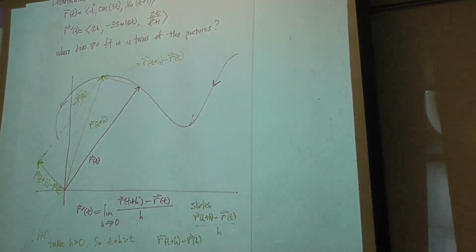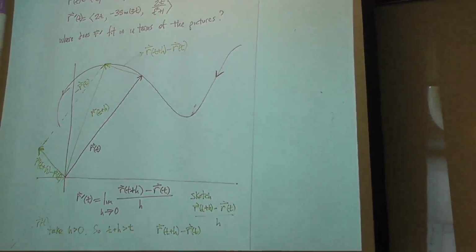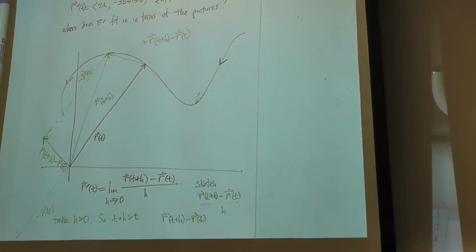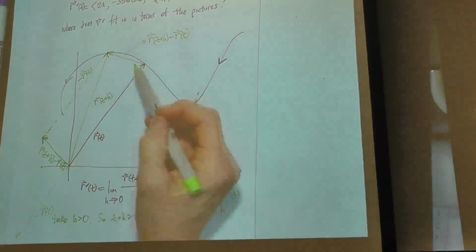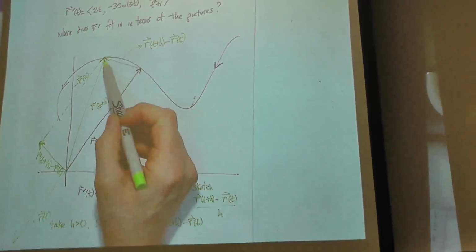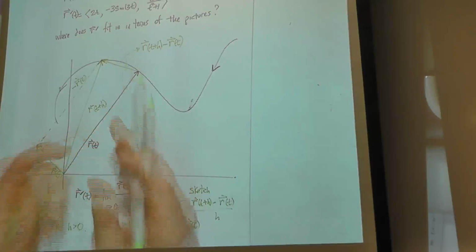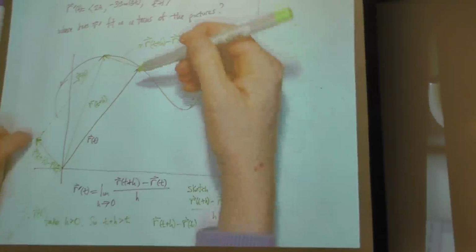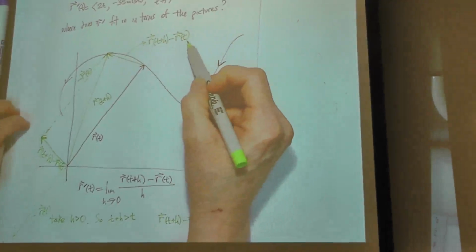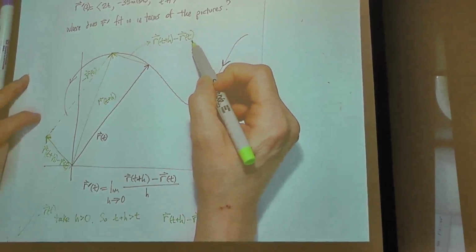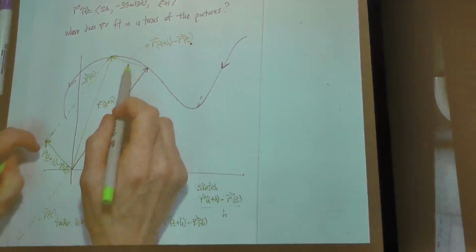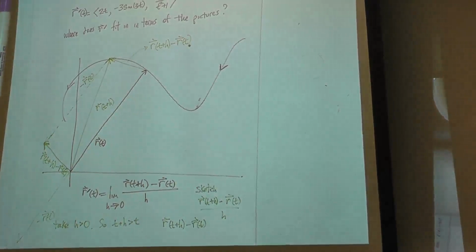If we were dealing with h being negative, dividing by h would change the direction. Now, whether it expands this vector or contracts it, makes it smaller or bigger, I don't know. That depends on the magnitude of this vector and how big h is. But you divide by h, all that's going to do is change my scaling.